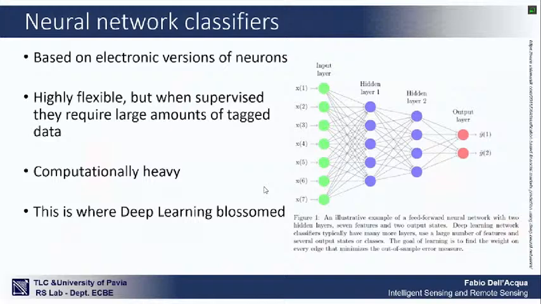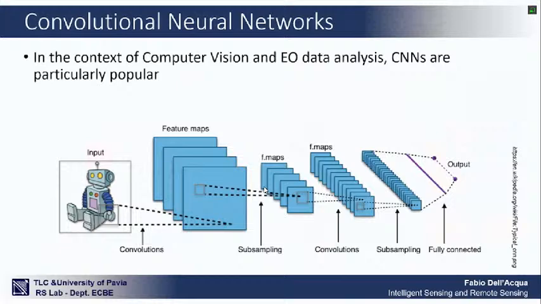And the network automatically learns the spectral features of the targets that you are trying to identify.